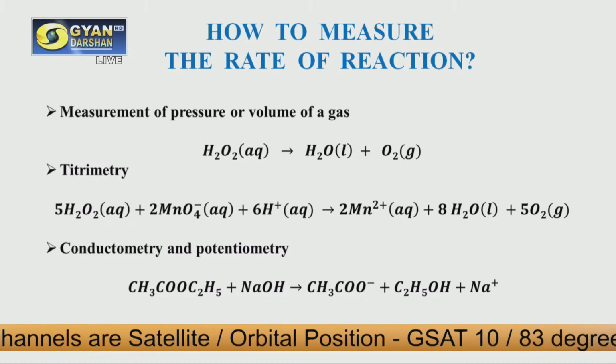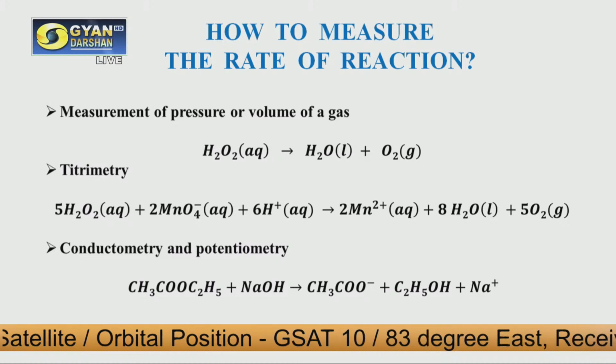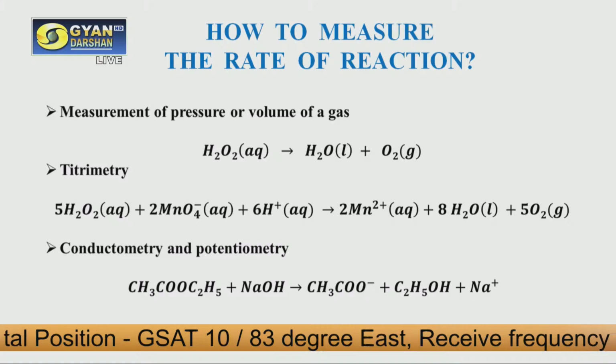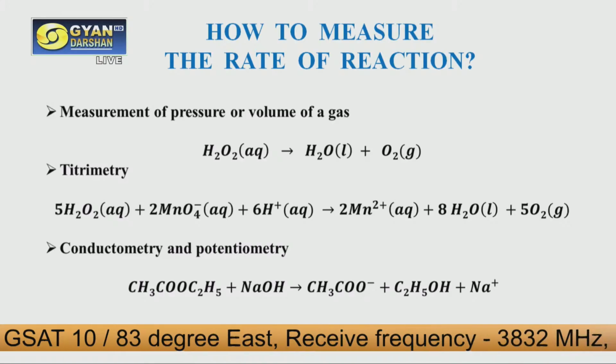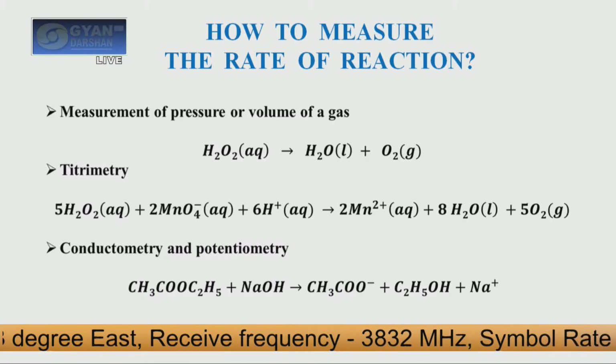You also perform the titration method in your lab. Suppose you are doing a titration of acid and base. Acid is in your beaker and base is in your burette, and you add the base dropwise to the acid, with an indicator like phenolphthalein in the acid. At a particular point, when a drop of NaOH is added to the acid, it directly gives the pink color.